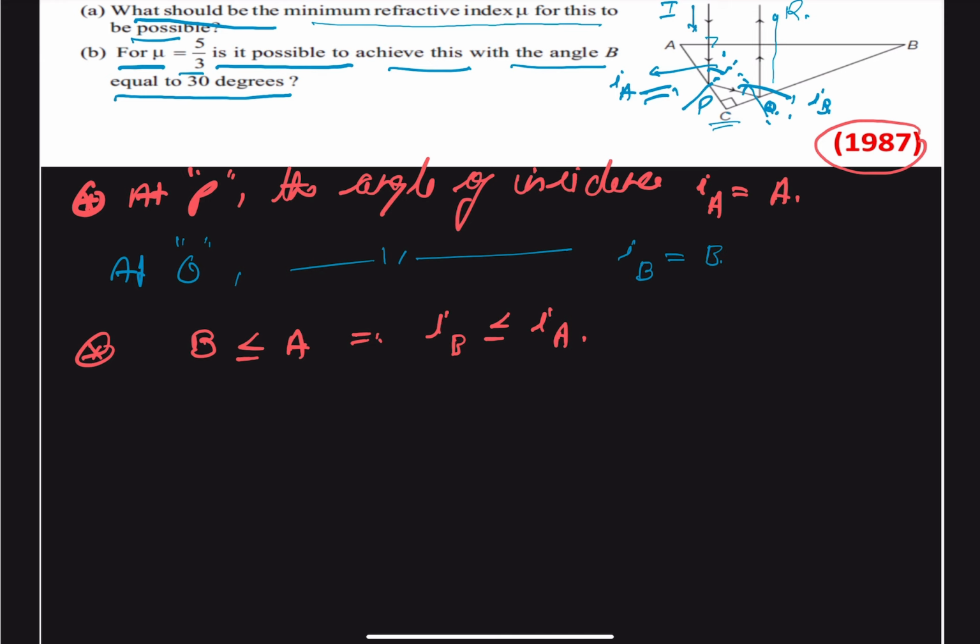So in this case, if the total internal reflection is satisfied for the smaller angle of incidence, that is IB, then it is going to automatically be satisfied for the larger angle IA. It means we only need to check total internal reflection with respect to angle IB, because angle IB is smaller than angle IA. If the total internal reflection condition is satisfied for IB, it will automatically be satisfied for IA.